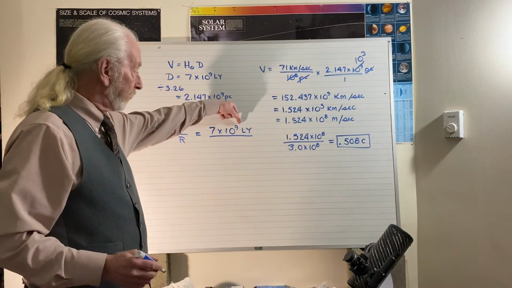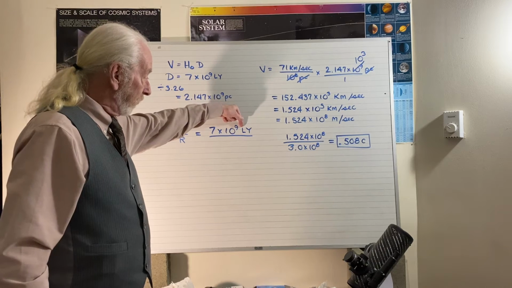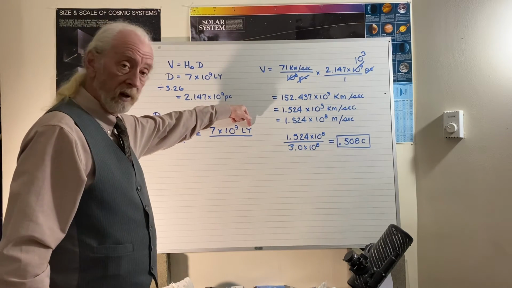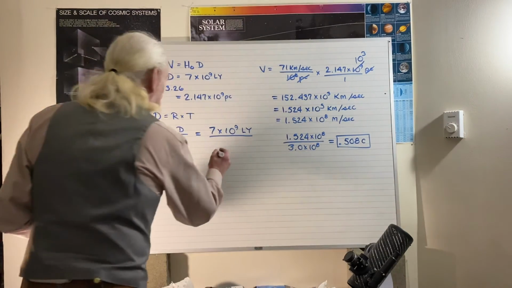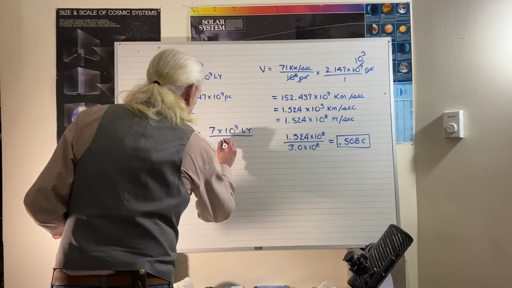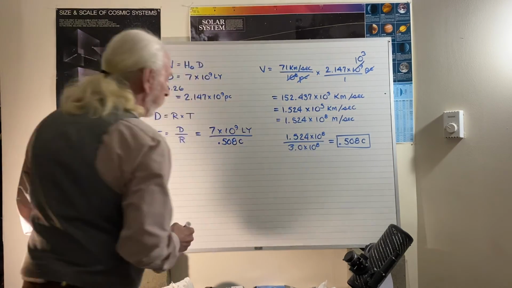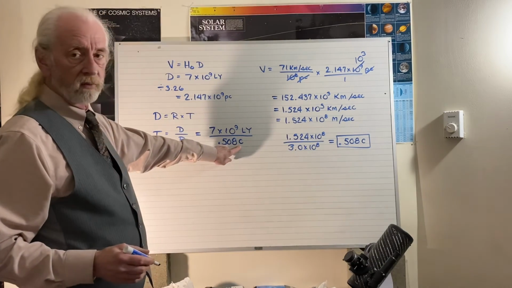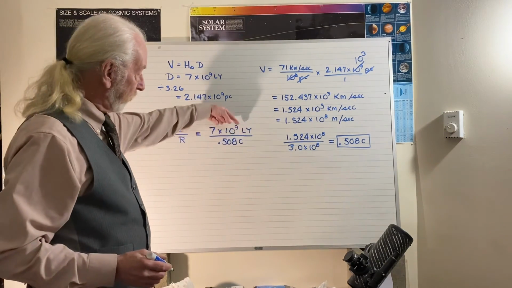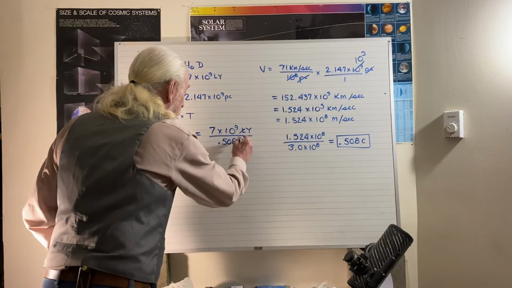Remember, a light year is a unit of distance. That's speed, that's time, right? Rate times time gives us distance, okay? So we're going to divide it by 0.508 c. Now, remember, what does that c refer to? It refers to the speed of light, so we can cancel them right out.